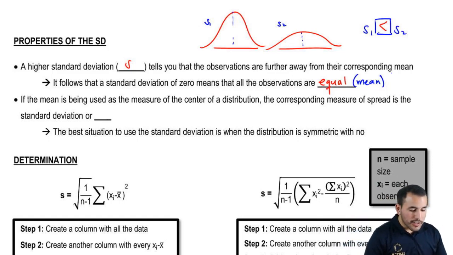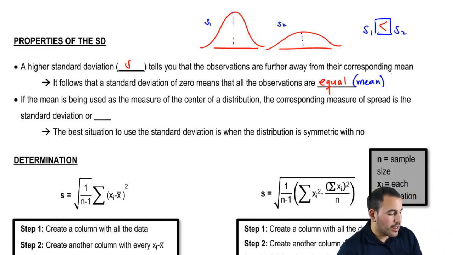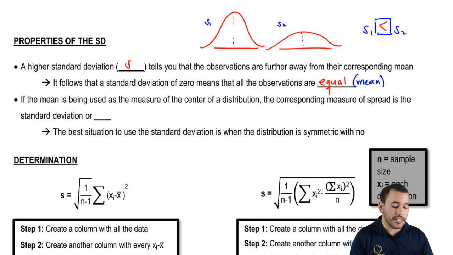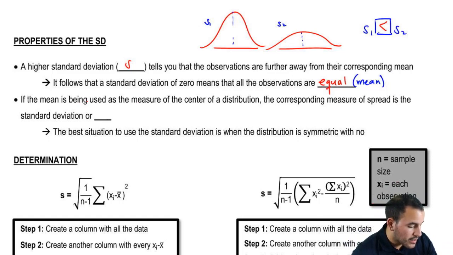So if the mean is being used as a measure of the center for a distribution, when do we use that? We talked about conditions for the mean and median last time, right? So the first thing is that the data is what? Symmetric or skewed? It's going to be symmetric, right?